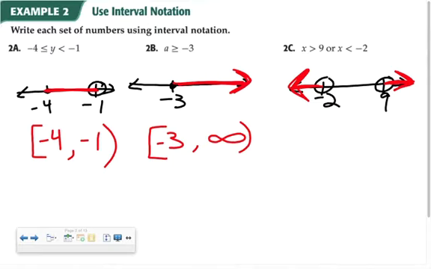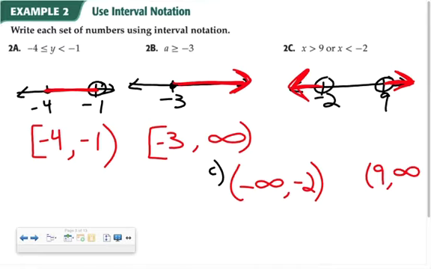So the first thing that's shaded in on the number line going left to right is -infinity. So it's starting at -infinity. And then it goes to -2. And then there's a gap. And then I have 9 to positive infinity.